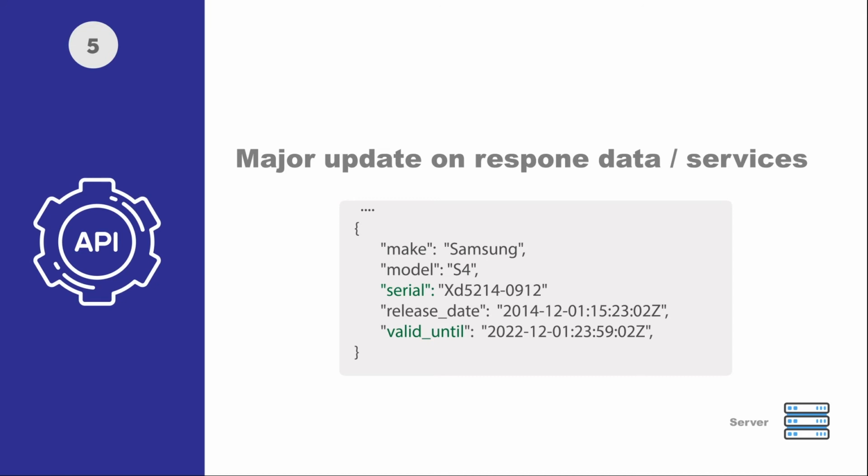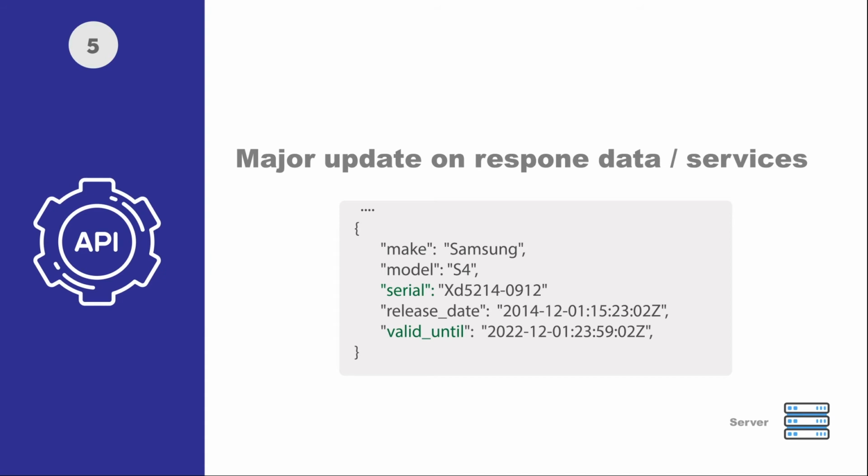So we have the make Samsung, we have the model S4, and all of a sudden there is a new requirement, or the response is tremendously changed such that it can impact the way users consume the REST endpoints or the REST API. I'm assuming here we're not just adding two fields.